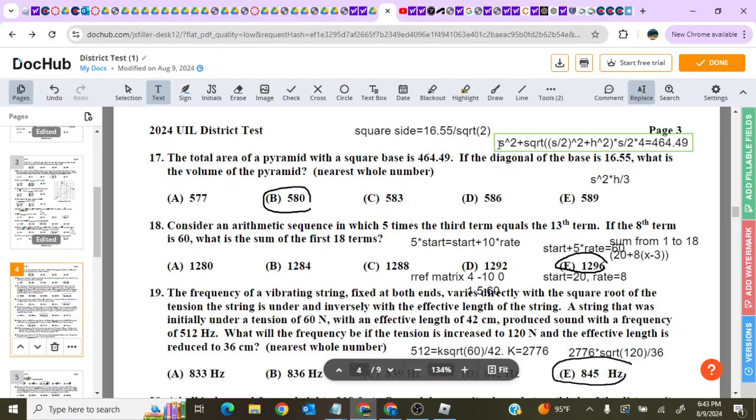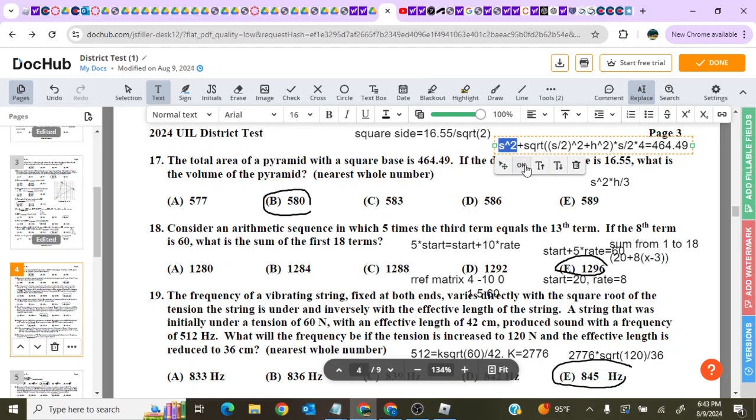You know that there are two parts that make up the surface area of a pyramid. So the area of the square base, s squared, plus the four triangles on the side.